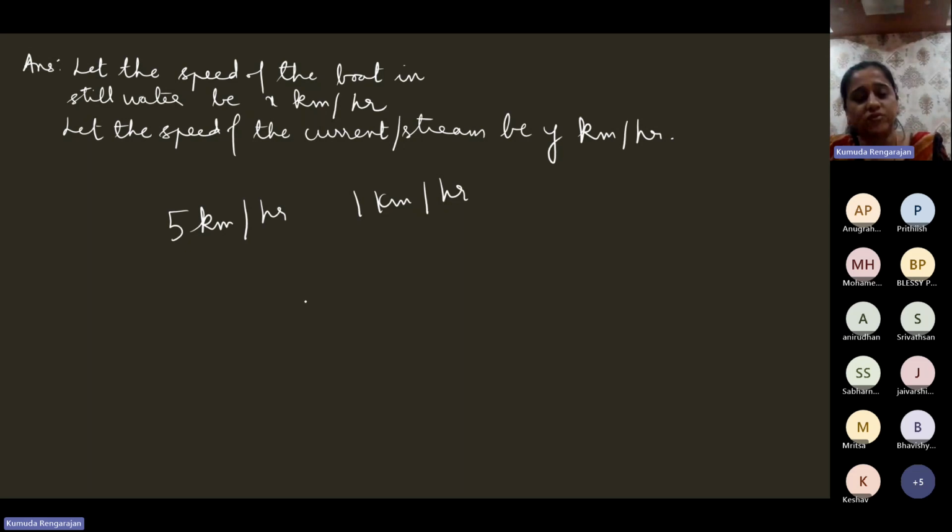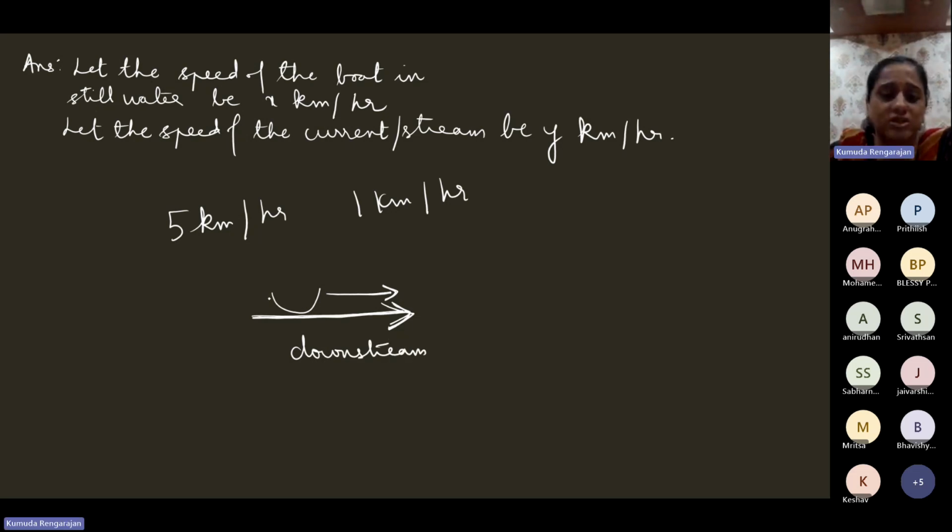If the water flows in this direction and you're also rowing your boat in the same direction, that means you're rowing your boat downstream.